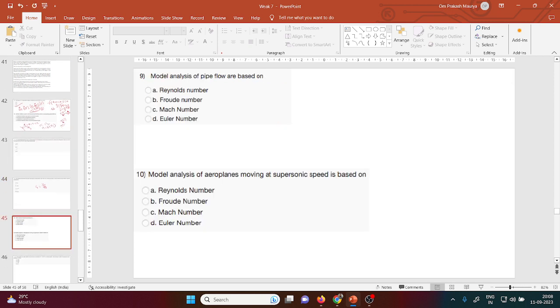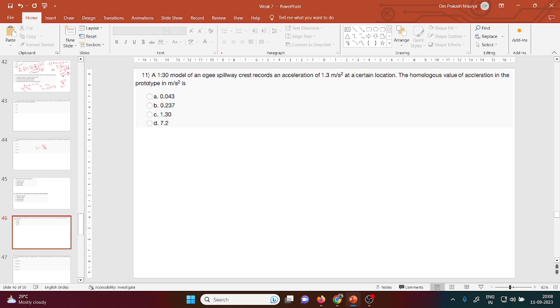I think this type of question you know already. For this question, if one model is there, the acceleration was this. So how much is the acceleration of your prototype? The acceleration of model and acceleration of prototype will be the same.